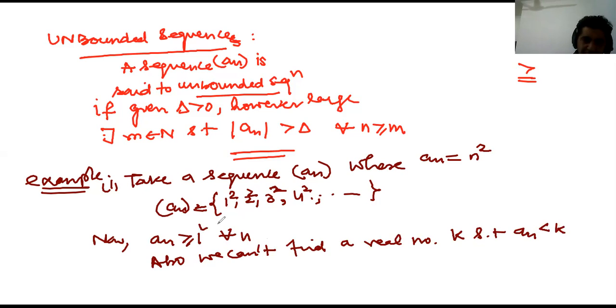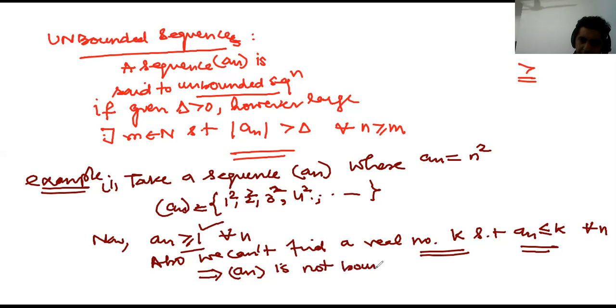This means what? One side, this is greater than 1, and we cannot find a real number such that this happens for all n. This means that an is not bounded, and an is greater than 1. This means that an has no least upper bound.